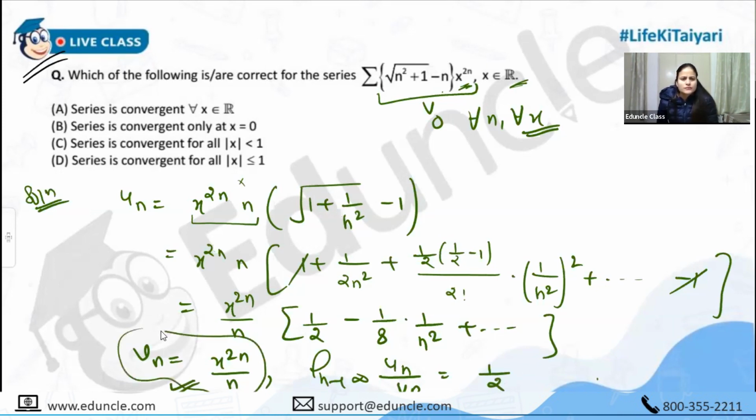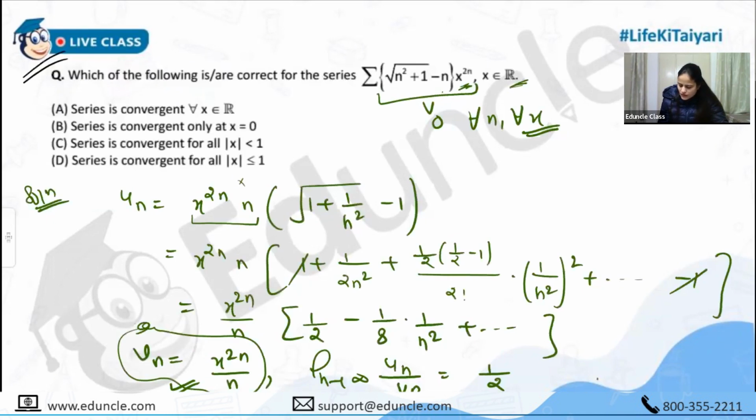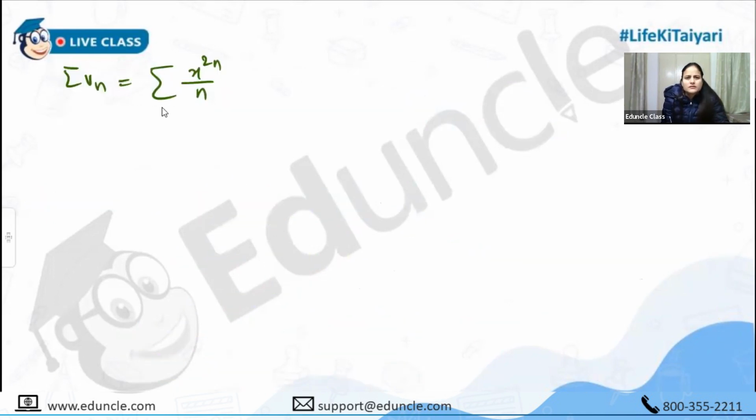Now I need to check the convergence or divergence of this Vn, because Vn and Un will both converge or diverge simultaneously in the second comparison test. So our Vn is x raised to twice n upon n. I can apply the ratio test here.